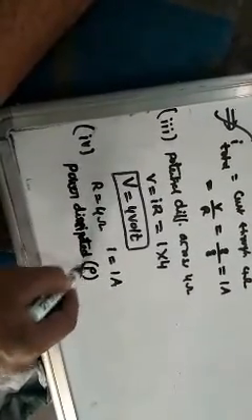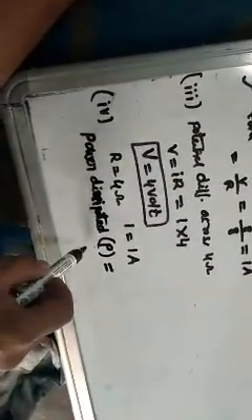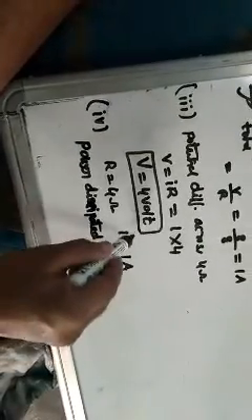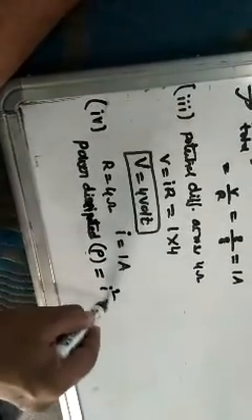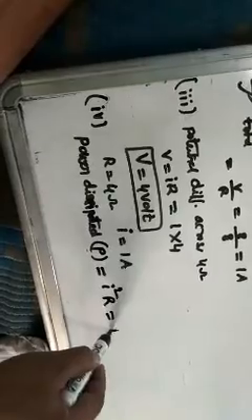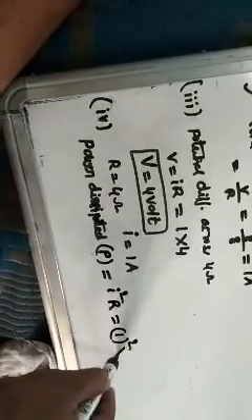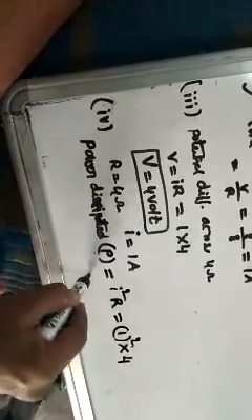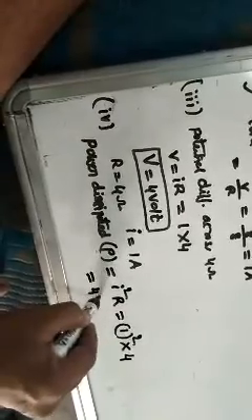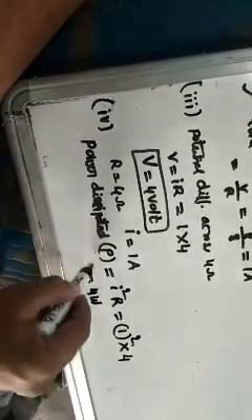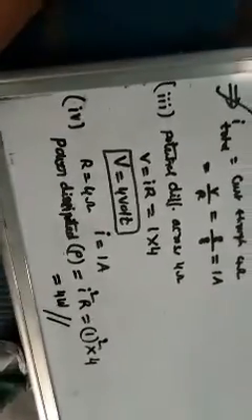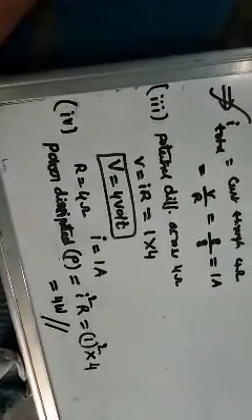Anyone tell me what is the formula of power dissipated here? I is there, R is there, so use the formula I square R. I square means 1 square, R means 4. So 1 square is 1, times 4, so power is equal to 4 watt. This is the fourth question.